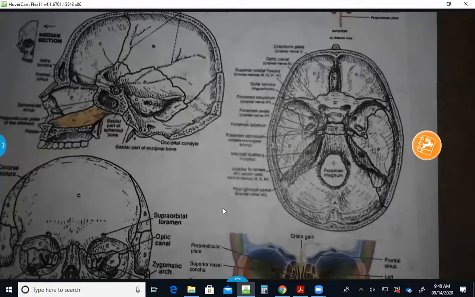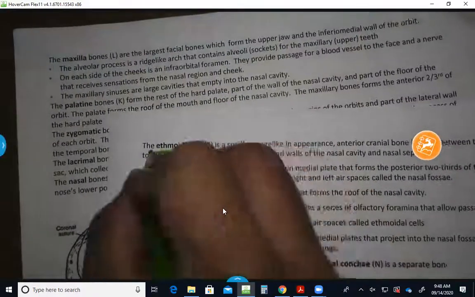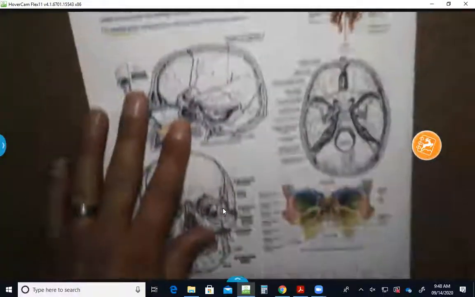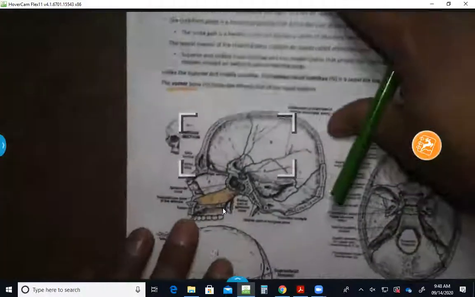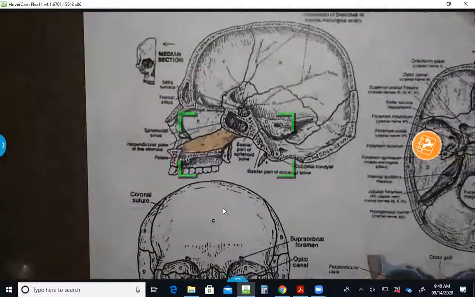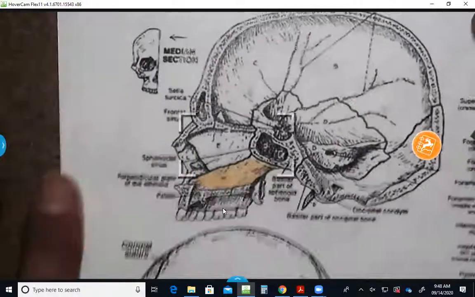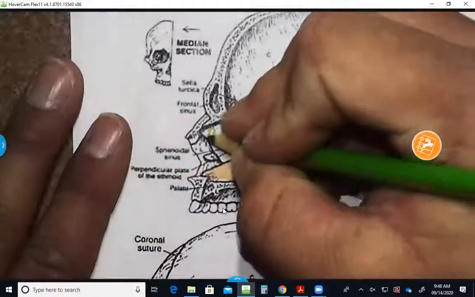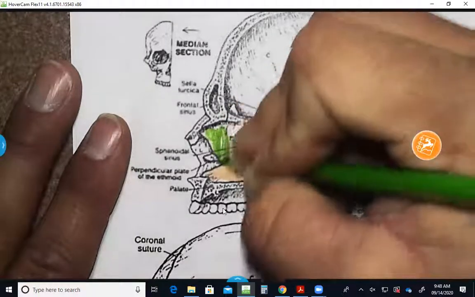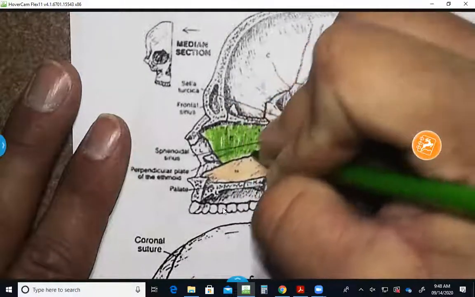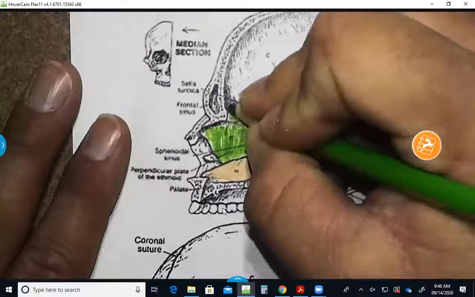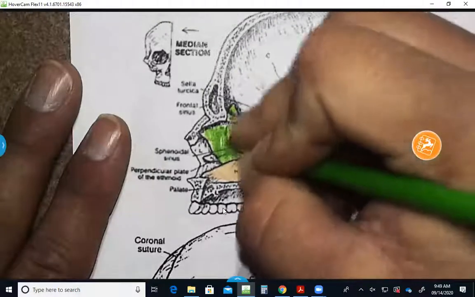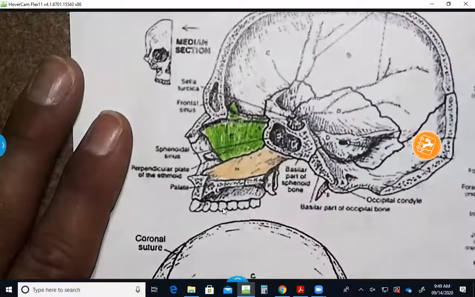Let's color. I'm going to go back to the ethmoid and color it green. Your mid-sagittal view will show that it also helps to form that nasal septum, the superior portion of it.